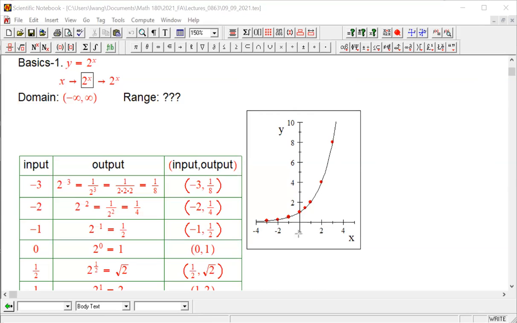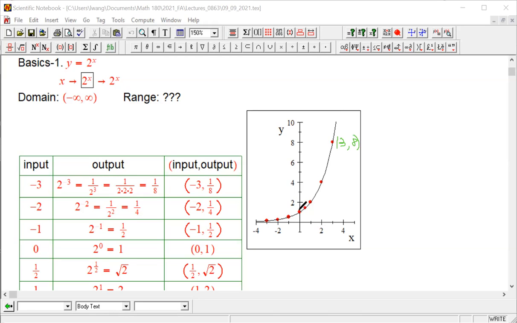For example, in this picture, I will mark a few points. So this is how I mark the point, okay? The first one, I'm just going to show you some examples. The first one, the input is 3, the output is 8. But on this graph, there's a couple of critical points you absolutely want to mark.